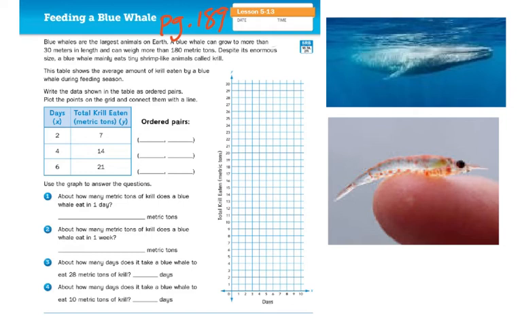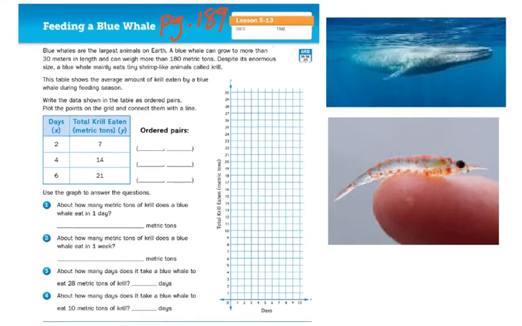The table shows the average amount of krill eaten by a blue whale during the feeding season. Write the data shown in the table as ordered pairs. Plot the points on the grid and connect them with a line. Now, in 2 days, they eat 10 metric tons of krill.